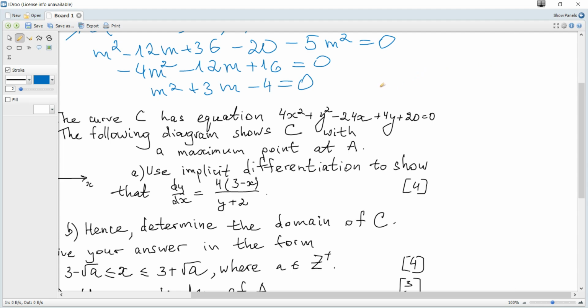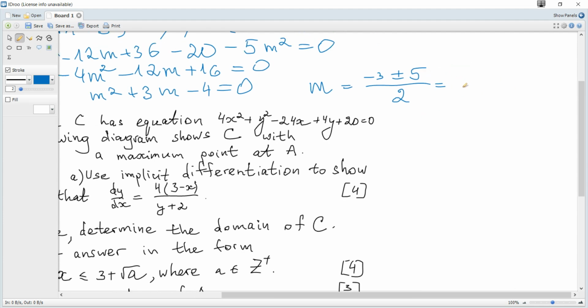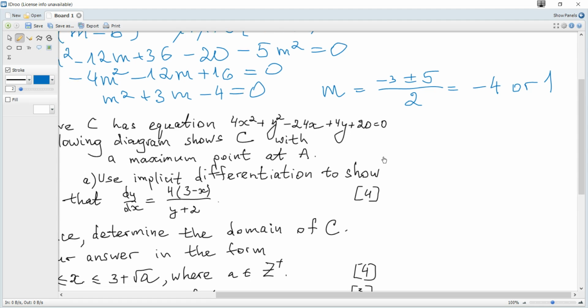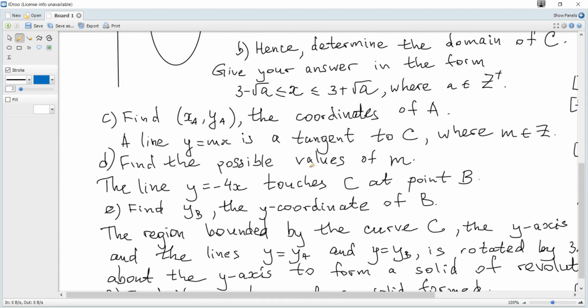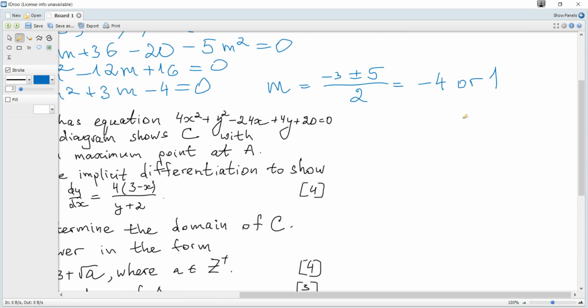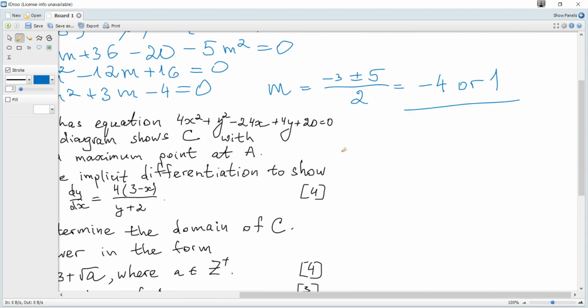So roots are minus b plus or minus root of D over 2a, and when it's minus, it's negative 4, and when it's plus, it's 1. The line y is negative 4x, and you can see that negative 4 is one of the values of m.